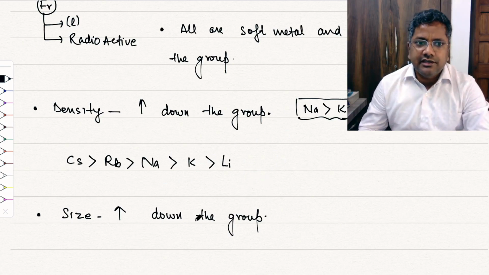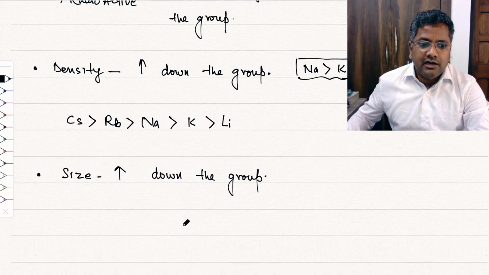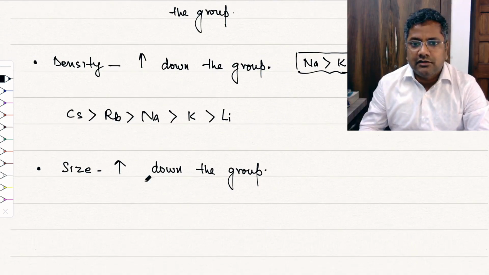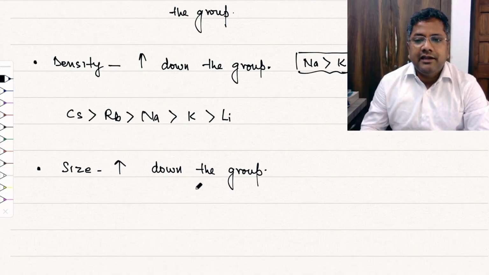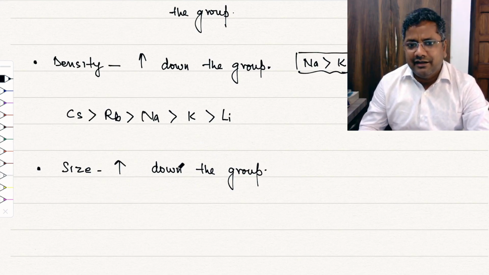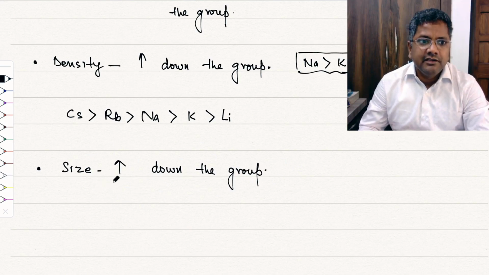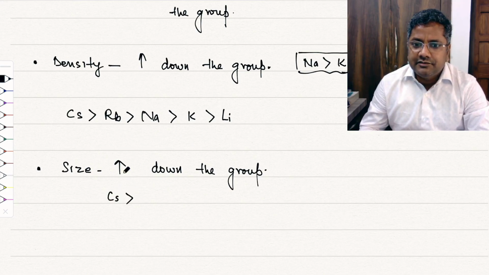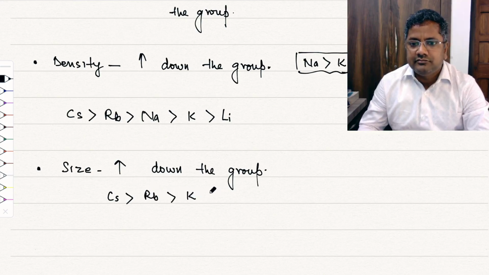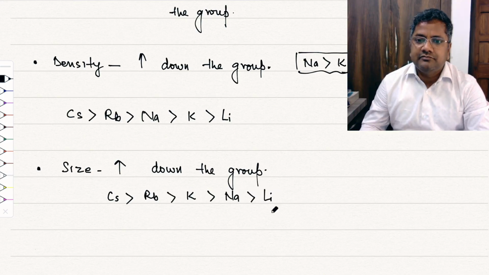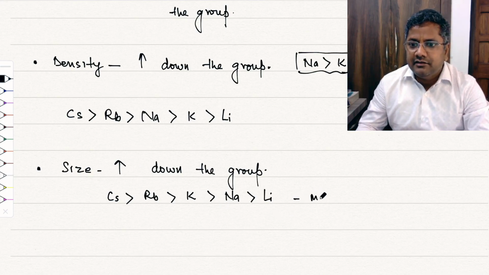So size increases down the group, and if you see the metallic radius, basically the radii we can assess in terms of size, we can assess in terms of metallic radii. So metallic radii, highest for cesium, then for rubidium, then potassium, then sodium, then lithium. So this is the metallic radii.